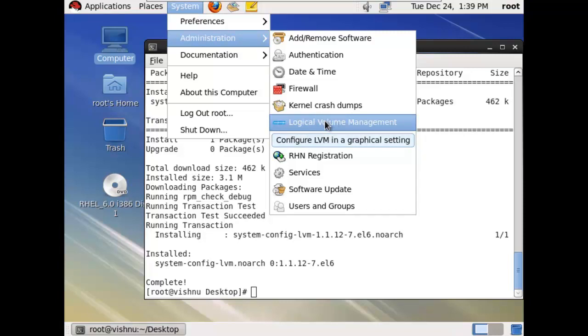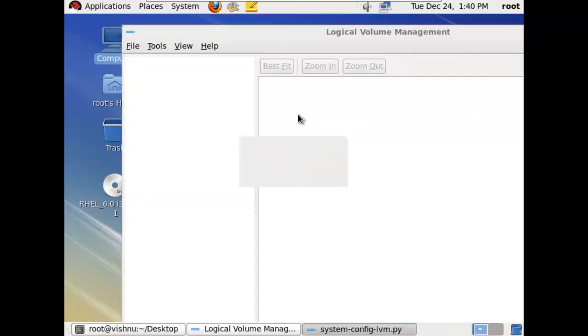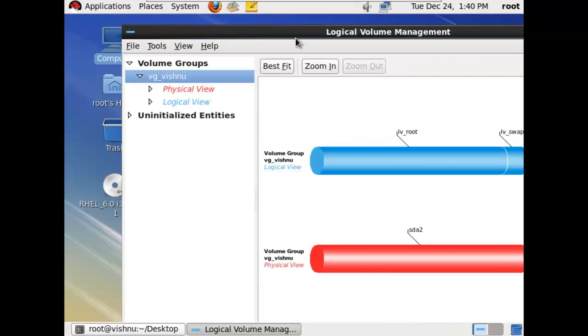Here guys, Logical Volume Management will appear in front of you, and you can see it configures LVM in a graphical setting, which is quite easy and fast. So guys, your Logical Volume Management console has appeared in front of you.